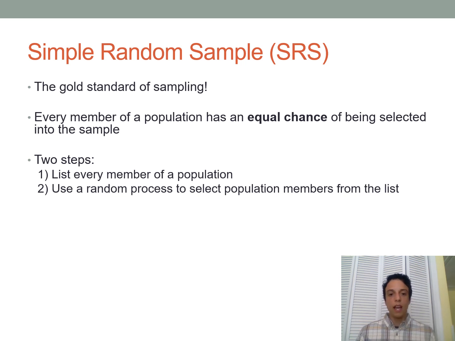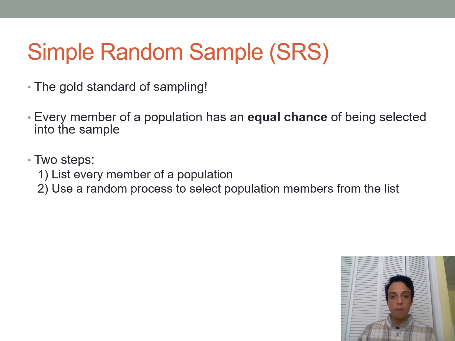So if I were to take everybody's name in the class and write it down on a piece of paper, put all those pieces of paper in a hat, and then stick my hand in the hat and pull something out, that would be a simple random sample, and then pull out 5 names until I had a sample of 5 people. That would be a simple random sample of students in this class, because I would have gone through those 2 steps.